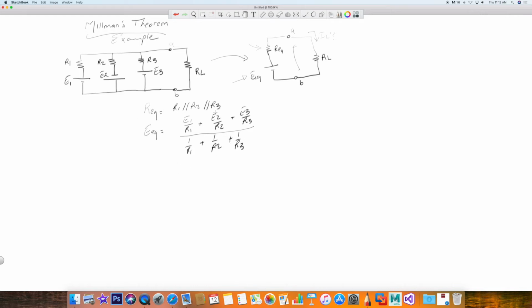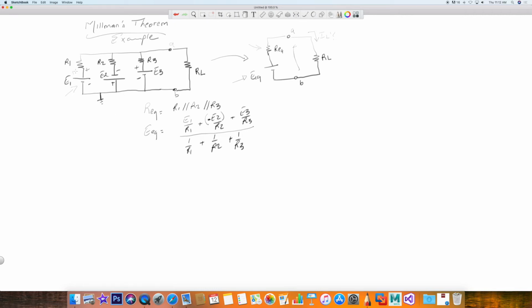Except here, we have to make sure that we pay attention to the direction of these power supplies. So in our case, if our ground, let's say, is right here, our reference, well, then E1 is positive, E2 is negative, so minus E2, okay? And E3 relative to ground is positive. So mathematically, if you have to solve this, make sure you put a minus here for that particular scenario.